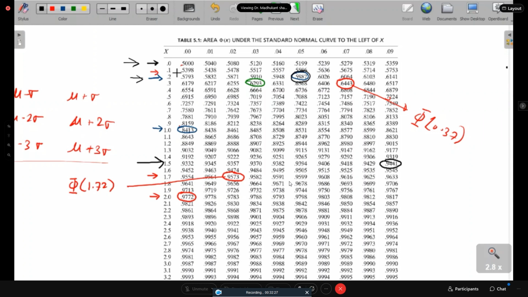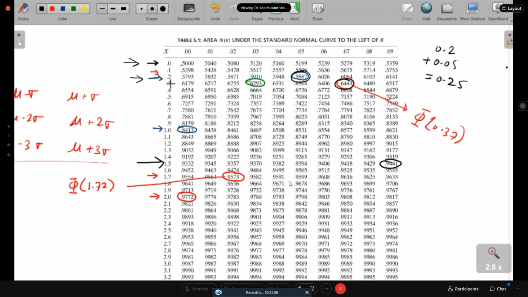So 0.2 plus 0.05, you have to make the addition. 0.2 plus 0.05 is 0.25. And this is the value of phi at that. Clear?